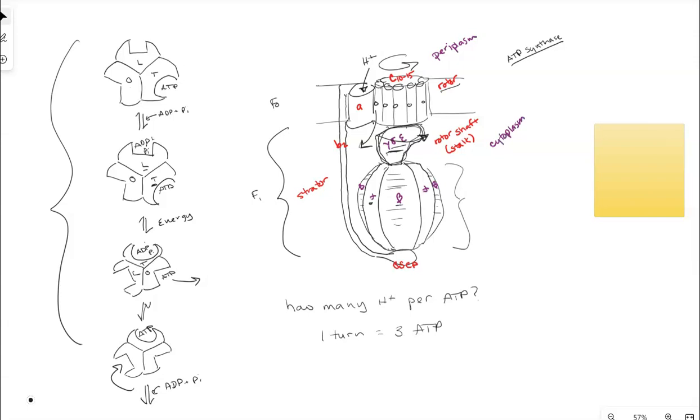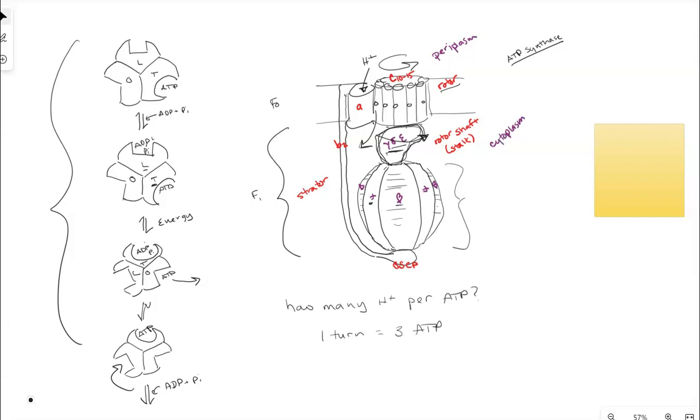And since each turn of the C-ring produces 3 ATP, the cost of making an ATP varies from about 3.3 to 5 protons, because if we get 10 per turn or 15 per turn, we get different ratios. So take a look at that.